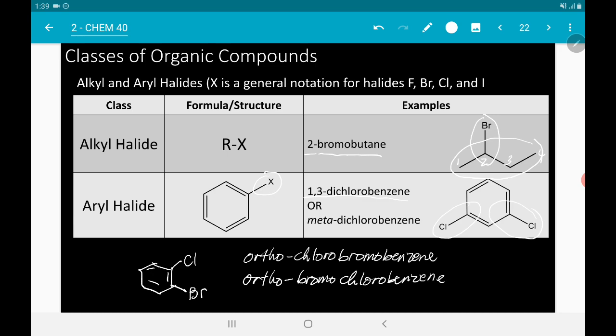Or pwede mo siyang tawagin na 1-bromo-3-chlorobenzene. Okay? So, maraming way para matawag mo itong compound to because we're always considering the alkyl or the halides in this aryl halide as substituents.